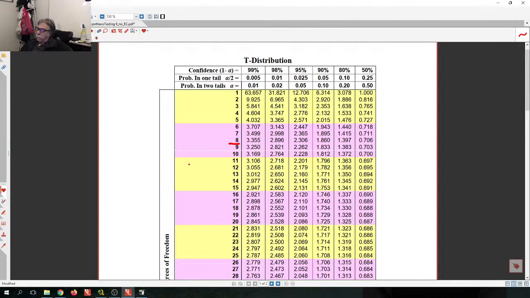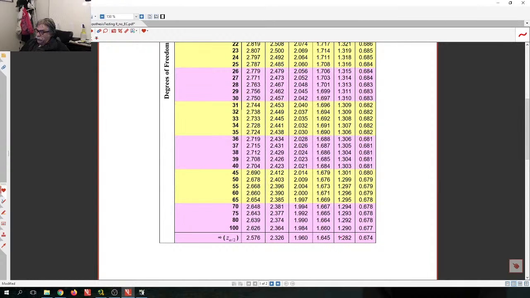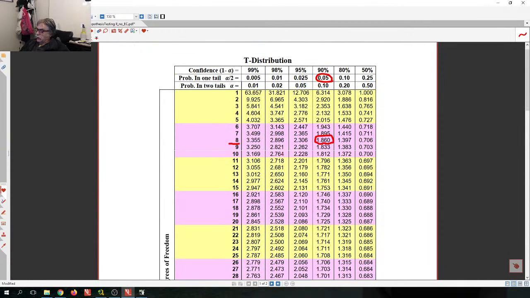We're going to use a 5% significance level in one tail because our test is a right tail test. The number we are looking for as a critical value is 1.860. You can find it down there at the bottom. We're not using a z-test, we're using a t-test.